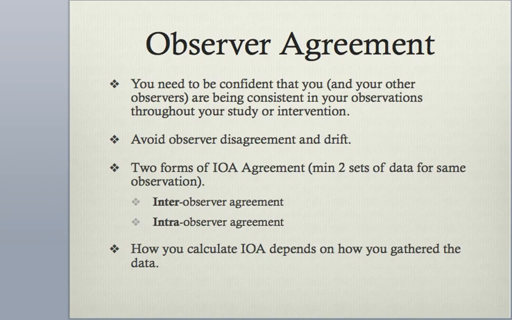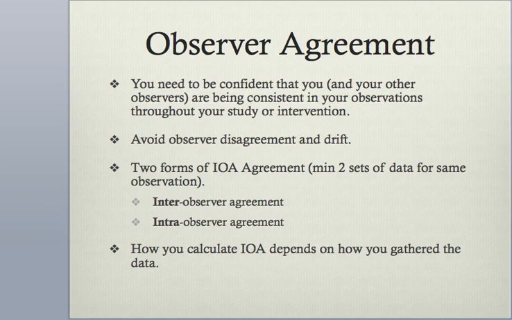Not only that you do it, but also that all of your observers are consistent in the application of those definitions. What we really want to avoid is observer disagreement, where we have two people observing the same set of behaviors and coming up with different data sets. That would be bad.